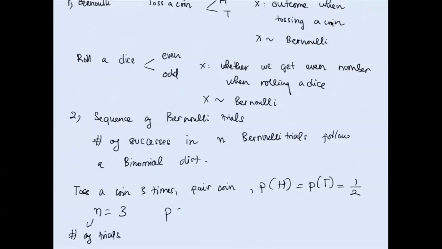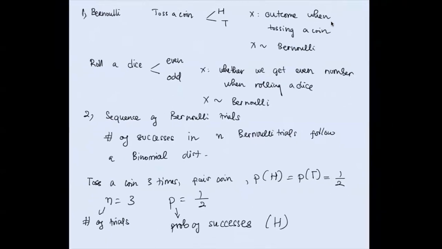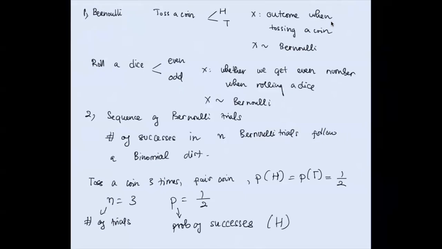And p is 1/2. p is the probability of success, and it depends on what you define as success. Let's say I want my success to be head. If I toss a coin and I get head, then I consider that my success. Then the probability of success will be 1/2.